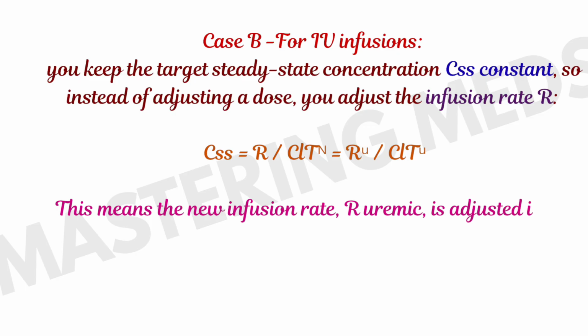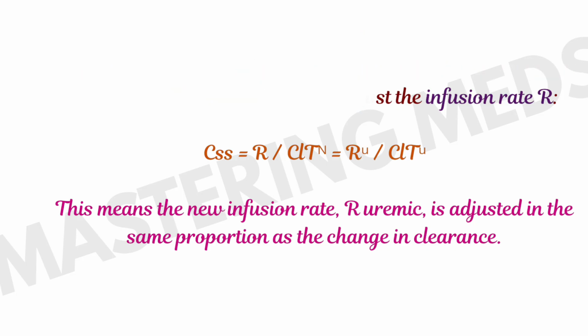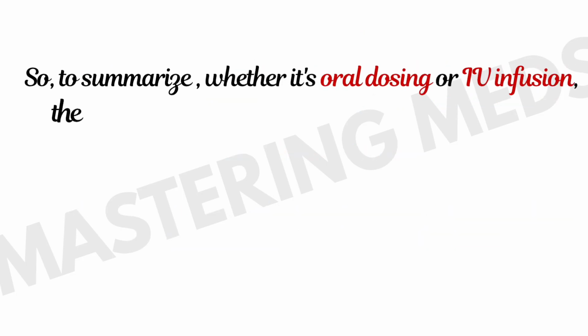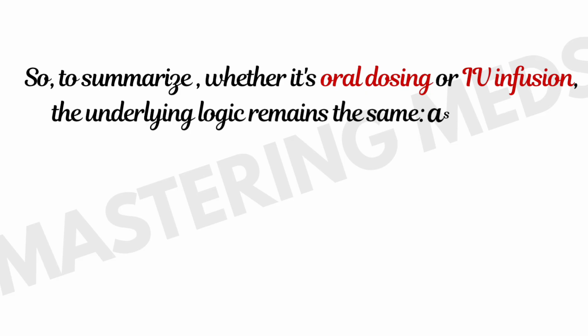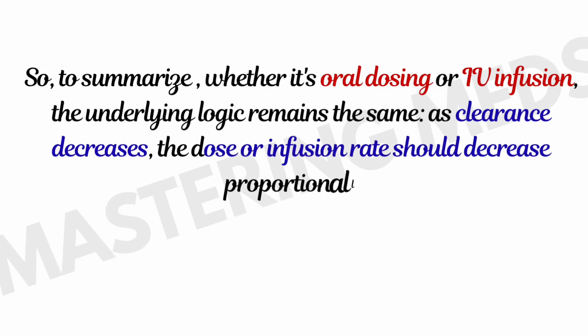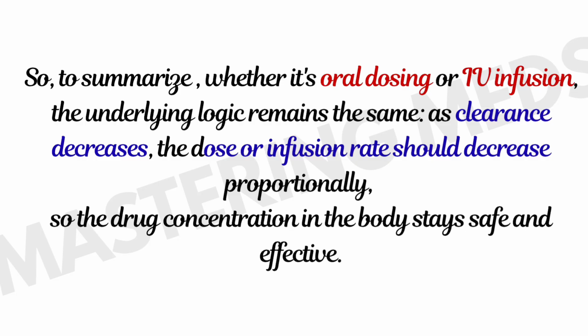This means the new infusion rate, R uremic, is adjusted in the same proportion as the change in clearance. So to summarize, whether it's oral dosing or IV infusion, the underlying logic remains the same. As clearance decreases, the dose or infusion rate should decrease proportionally, so the drug concentration in the body stays safe and effective.